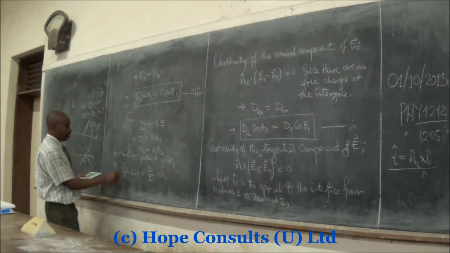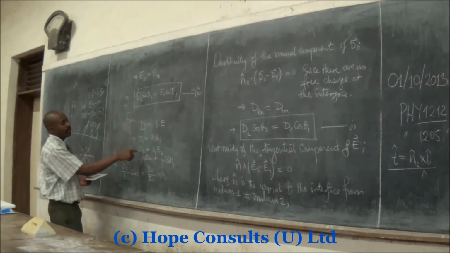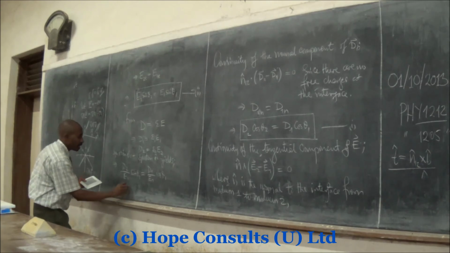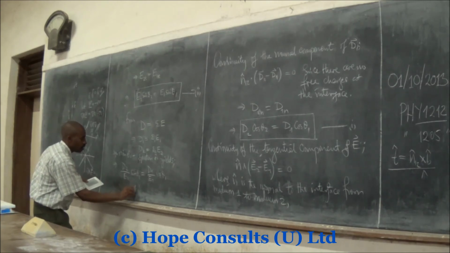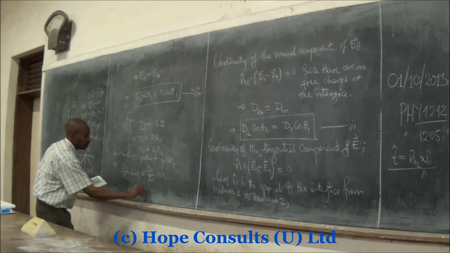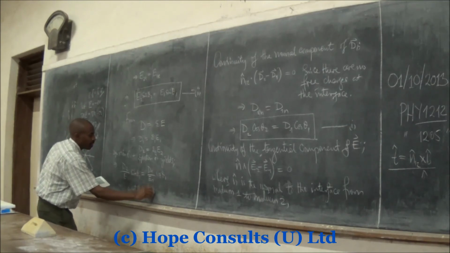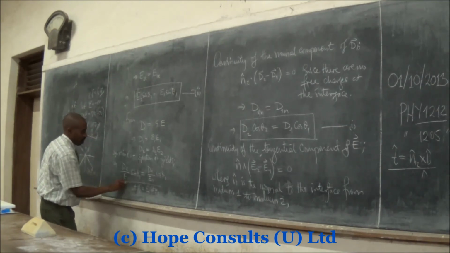Or if we substitute in for D1 and D2, we can say that epsilon 2 cot theta 2 is equal to epsilon 1 cot theta 1.